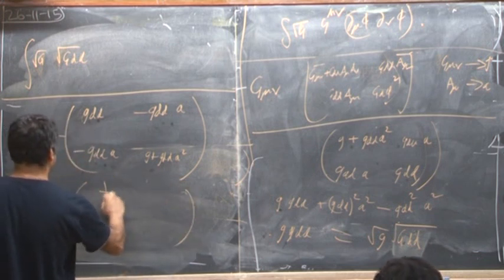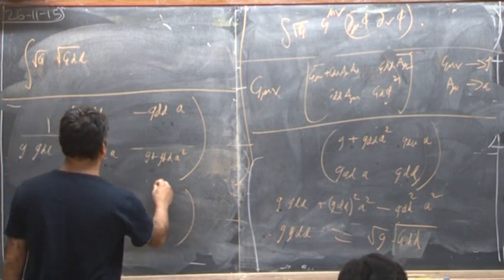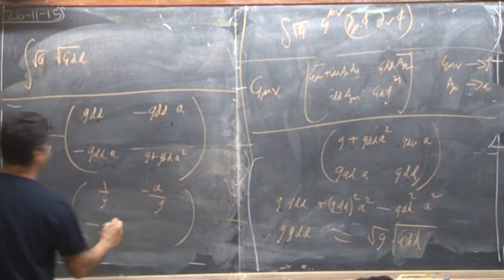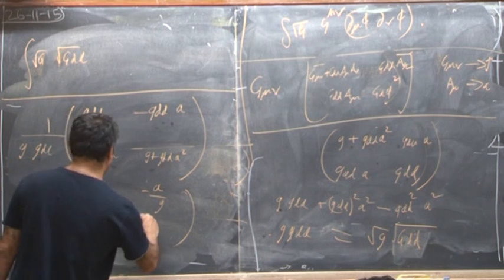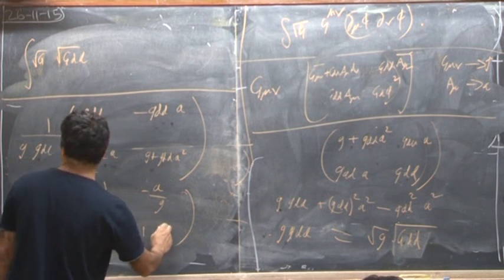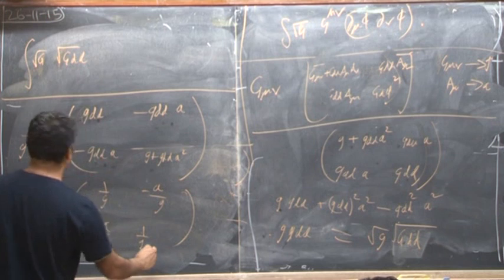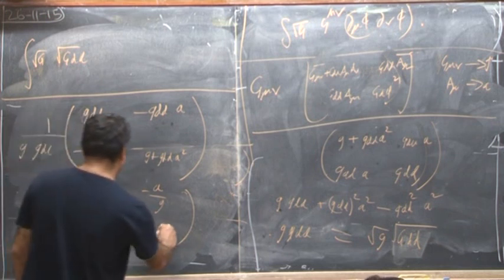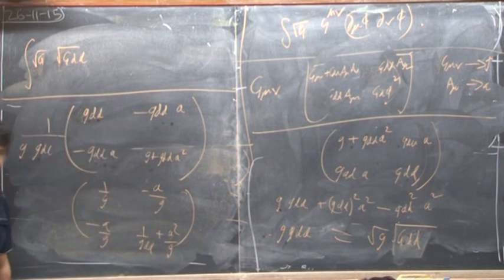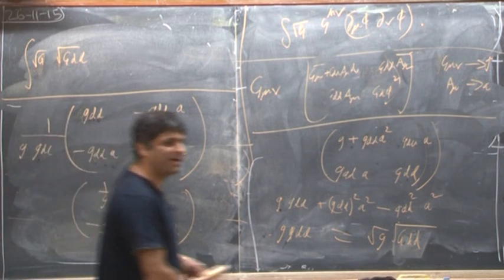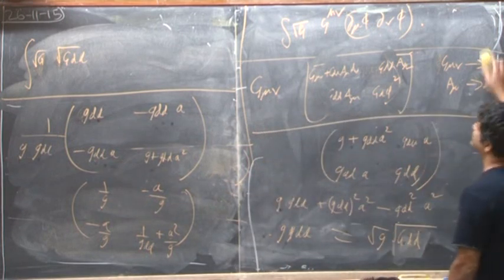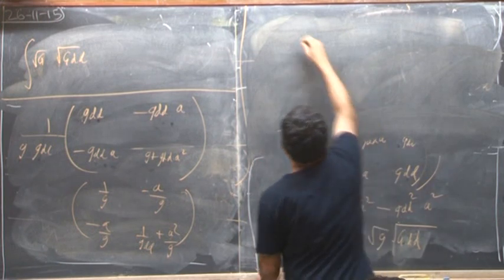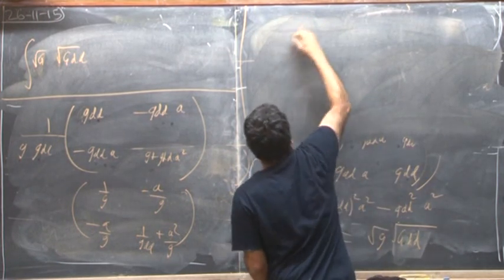So this is 1 over G, A over G, minus A over G, minus A over G, and 1 over G_DD plus A squared by G. Now, who can give me a plausible generalization of this? 1 by G is... Excellent. So G mu nu.